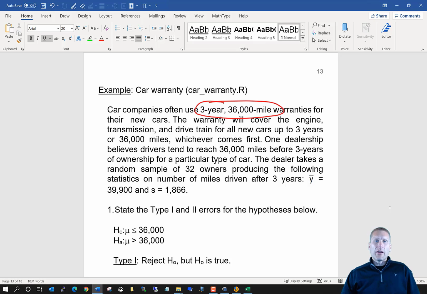And so what they do is they go and ask some people who have purchased their car and they've had it now for over 3 years. And they ask them, well, at 3 years exactly, how many miles had you driven? Based upon that, they asked 32 owners. The sample mean was 39,900. The standard deviation was 1,866.